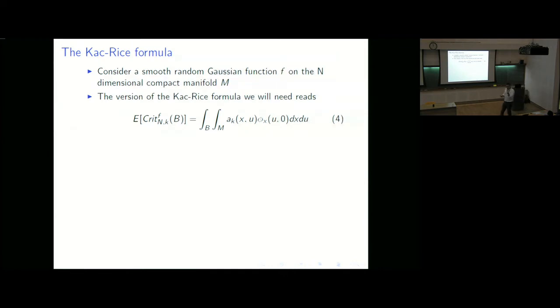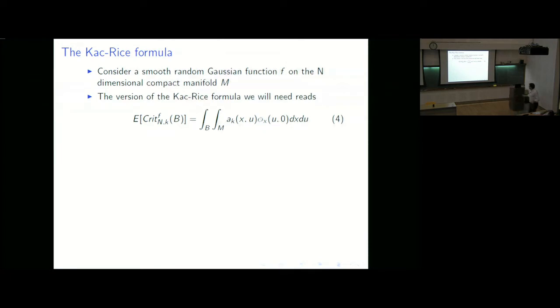So here I'm computing something very precise. I'm counting how many critical points of index 3 with values between these two values. And of course this B is important because when I'm interested in the performance of my algorithm, I want to go deep.